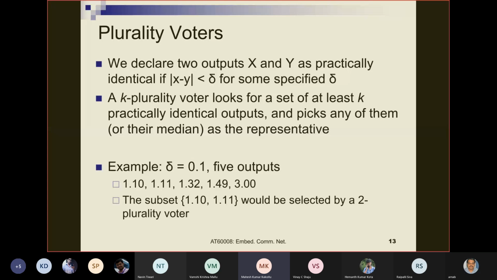Yes, so therefore you will not get it. That is why, in this case, if it has to be practically identical, it has to strictly follow that mod of x minus y should be less than del. Okay, sir.